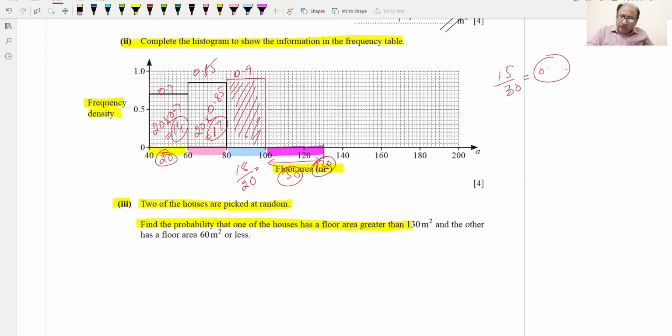So 0.5 will be the height of the bar, and 0.5 is up to this one.